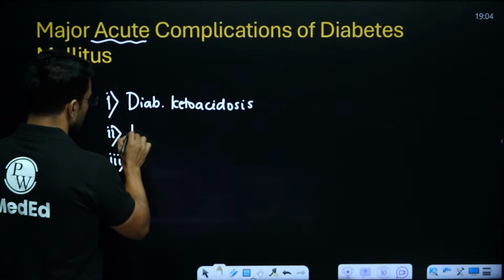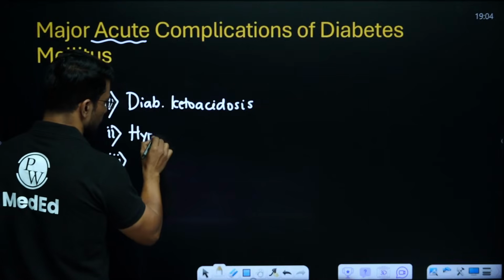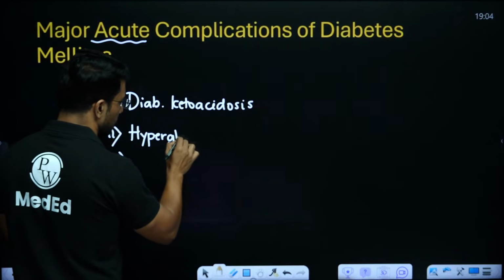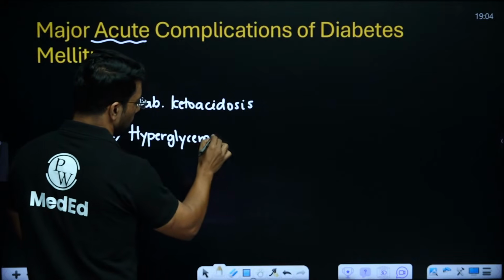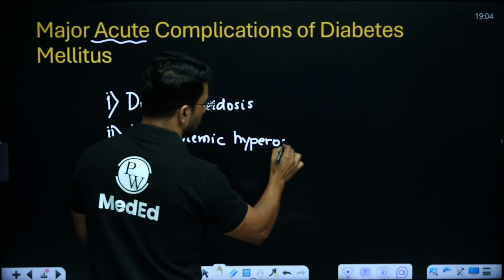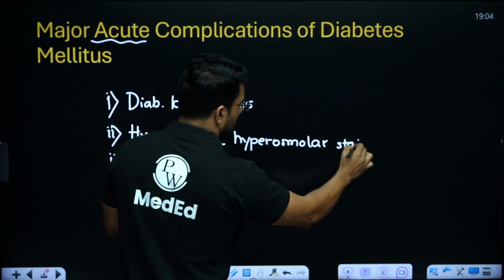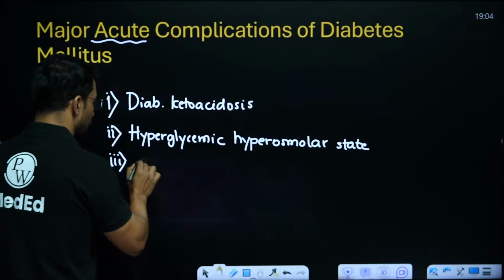The second one, closely related condition with some differences, we will call it the hyperosmolar state. And the third one is hypoglycemia.